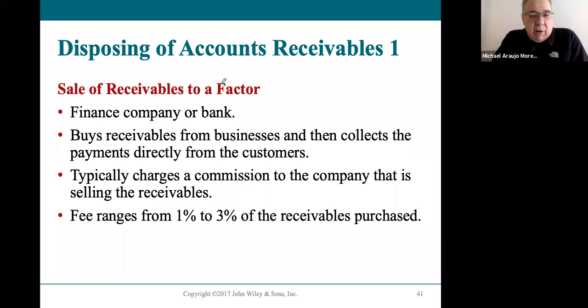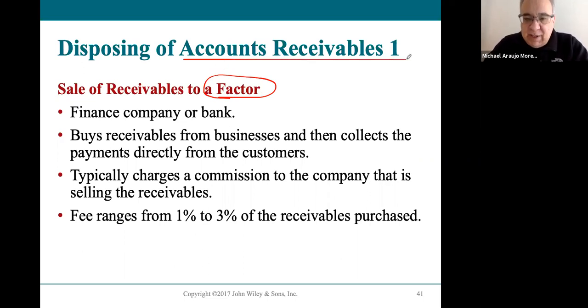Okay, also as part of this objective, they introduce you to something called factoring. Factoring is when a company needs cash. Of course, there's lots of ways for companies to get cash. They probably would have, in most cases, a line of credit from the bank they can pull from if they didn't have enough cash. But what you might not know is they can actually sell their receivables to a company called a factor.